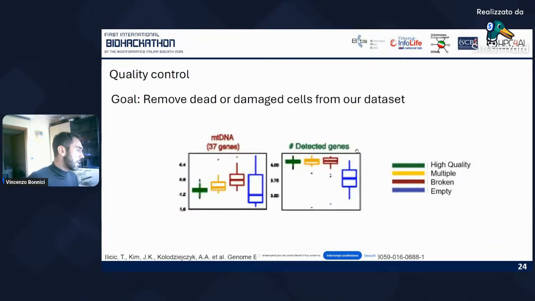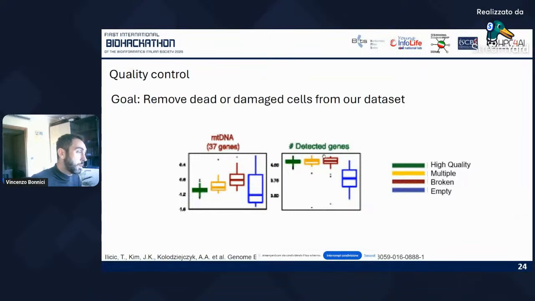Okay. So it turns out that the good method that is always valid for understanding the quality of your data is to measure the mitochondrial DNA genes, and depending on the expression level of this specific type of genes, you can understand if you have a high quality sequencing, a high quality UMI counting matrix.